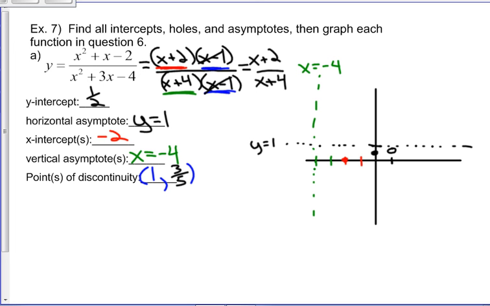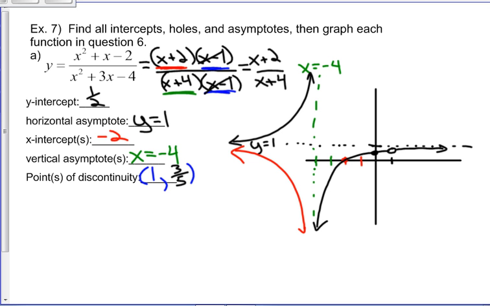Now, using that information, I think it's pretty obvious what's going to happen on this part of the graph. And you might say, well, what's going to happen on the other? There are only 2 possibilities. Either it looks like this, or it looks like this.